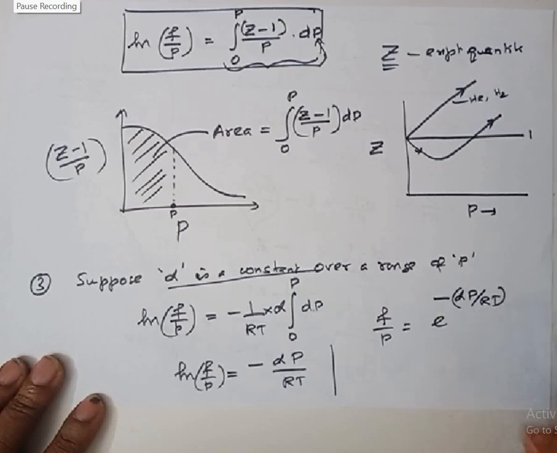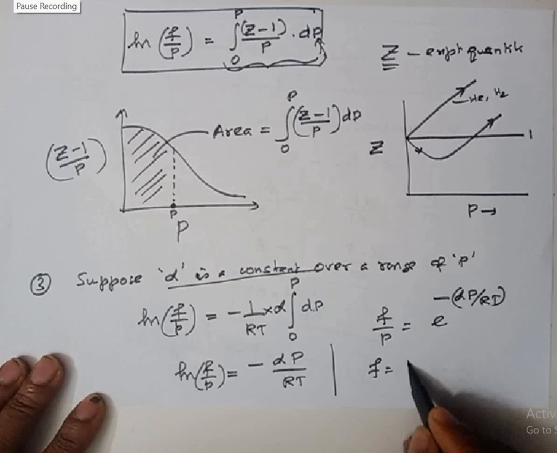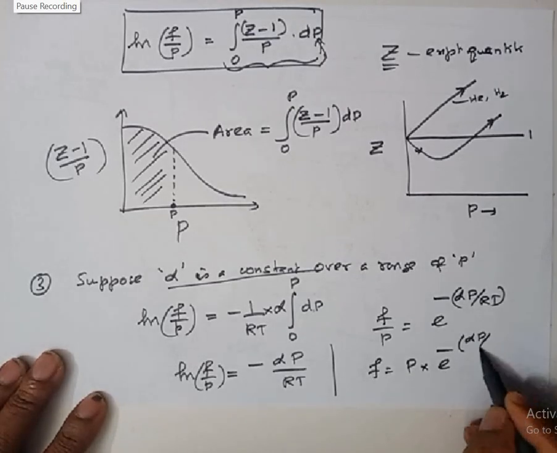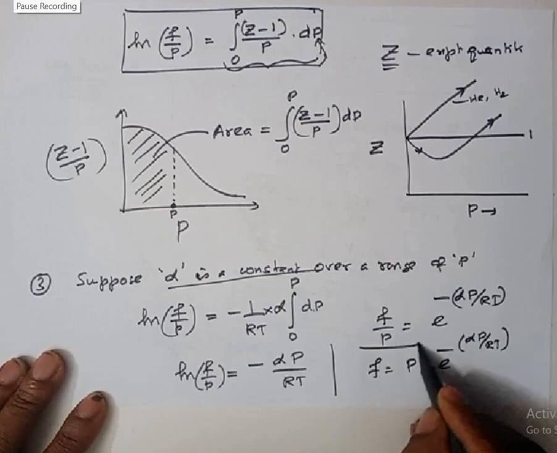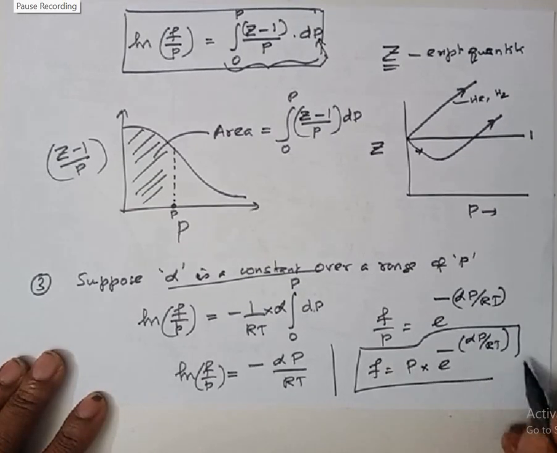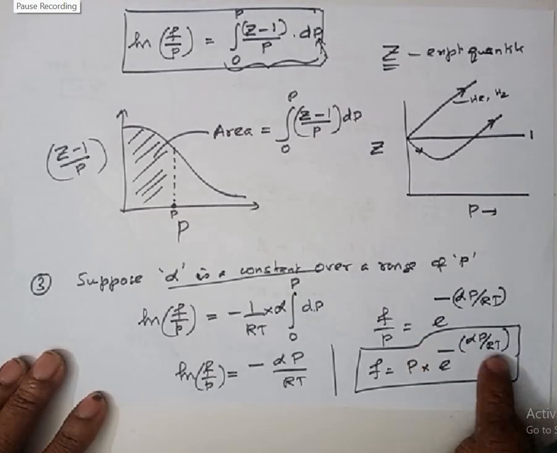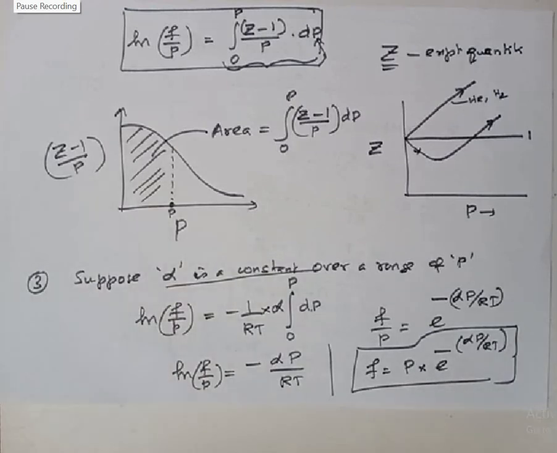Then what is F? F is equal to P into e power minus alpha into P by RT. Take note. This is the equation for fugacity if alpha is constant up to the pressure P. This is another expression available for the determination of fugacity.